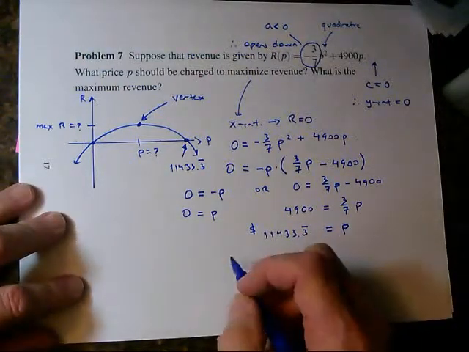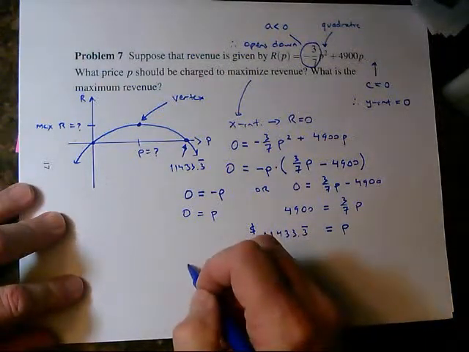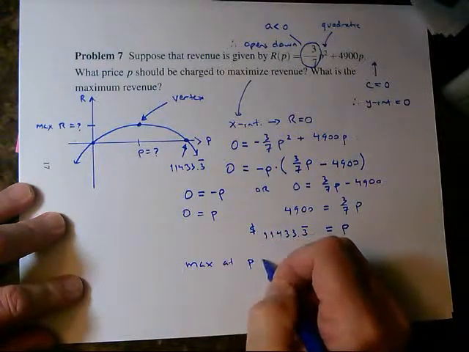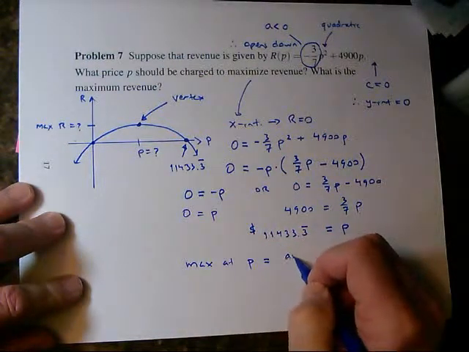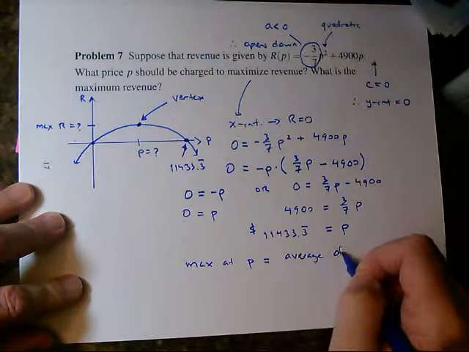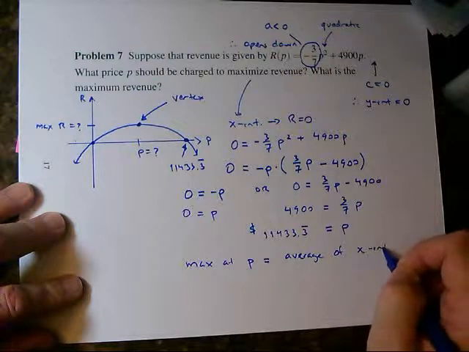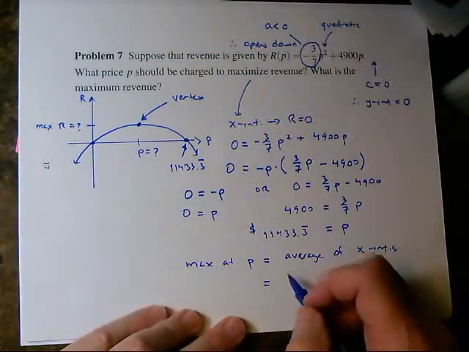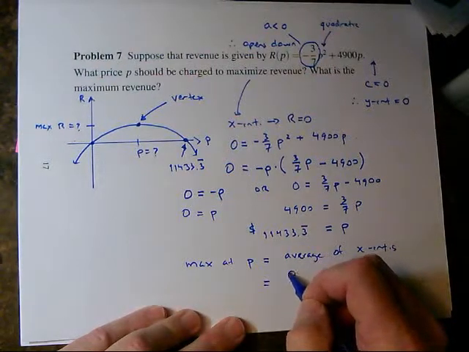So the max is at a P which equals the average of the x-intercepts. Well, the way you do the average of two numbers is you add them together and divide by 2.